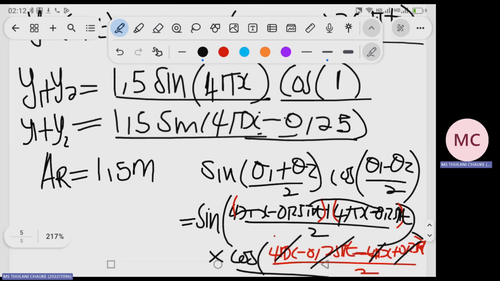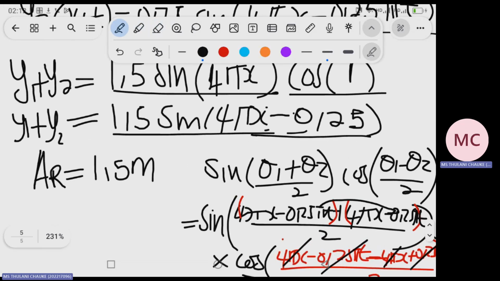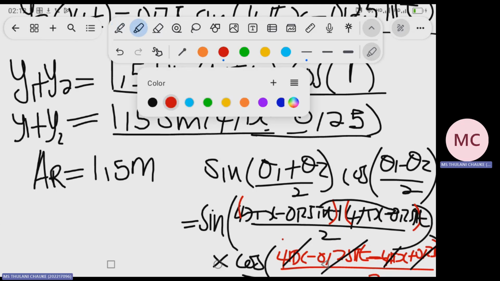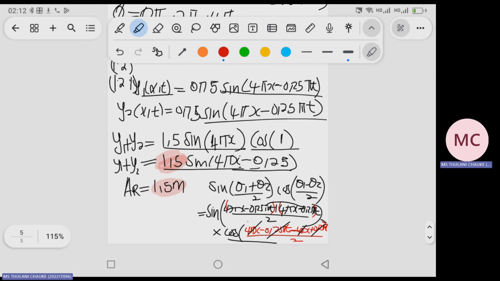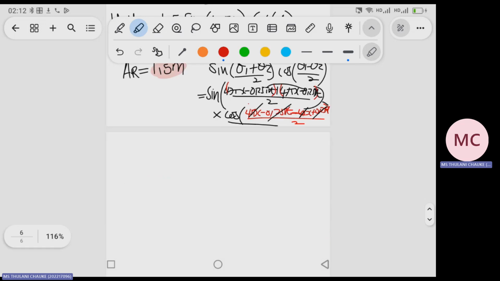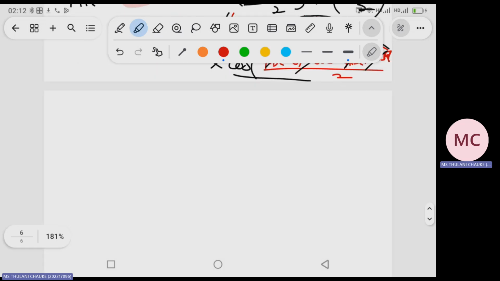So our AR will just be this part. So AR is 1.5 meters. Then let's move to the next question.